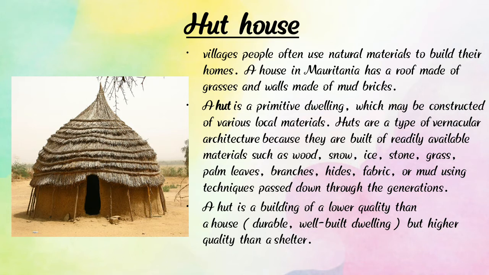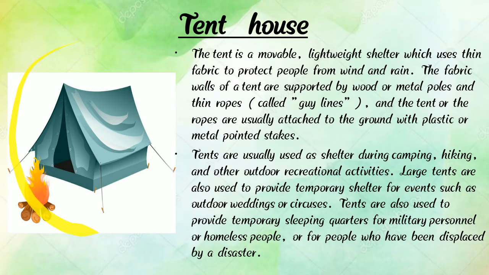Now we are going to learn about the next house, and it's a tent. Here we can see a photograph of a tent. A tent is made of cloth and used while camping outdoors. Do you know that there is another kind of lightweight and easy to carry temporary house?